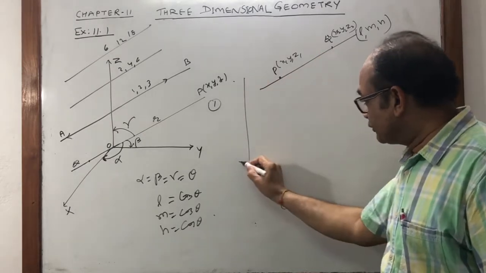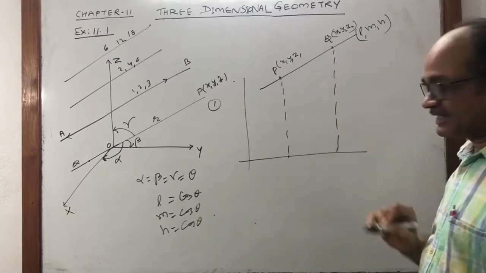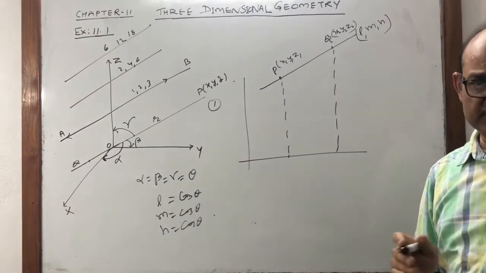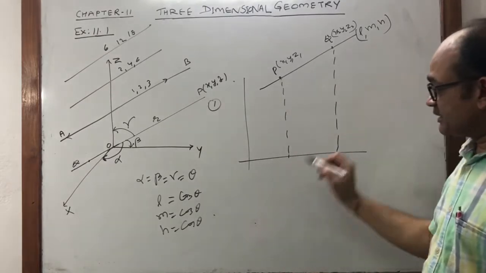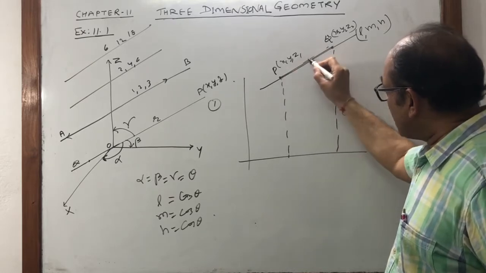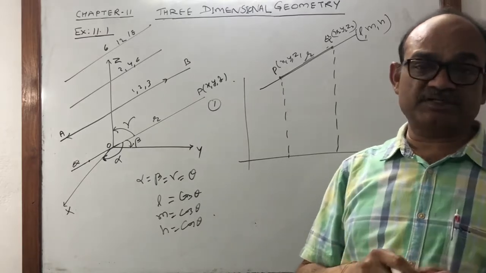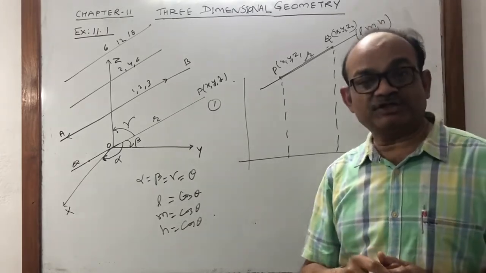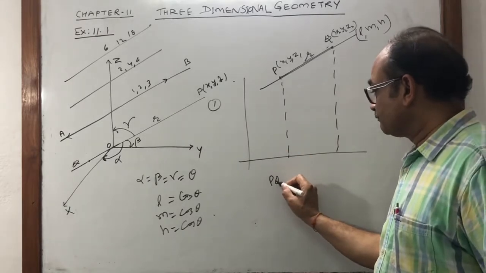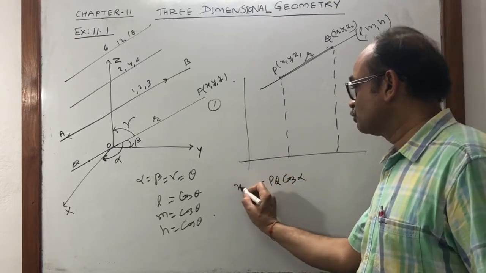So, if we draw altitudes on the x-axis, this line is making angles with cos alpha, cos beta, cos gamma. It means suppose this length PQ is nothing but R, under root of x2 minus x1 whole square plus y2 minus y1 whole square plus z2 minus z1 whole square. It means PQ cos alpha equals x2 minus x1.